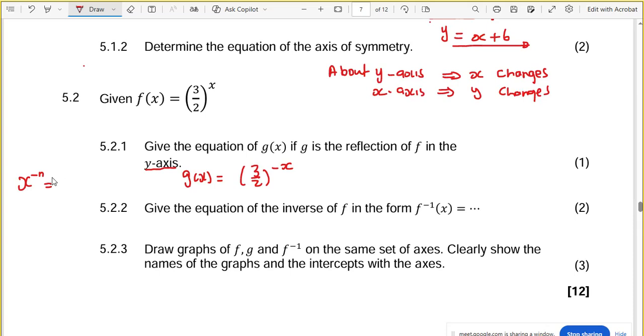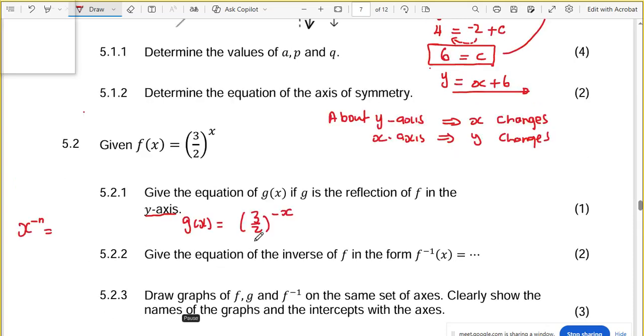Okay, can you please give me a second? Okay. So now when we write this, it is going to be 1 over x to the n without the negative. Can you see that? Yes.